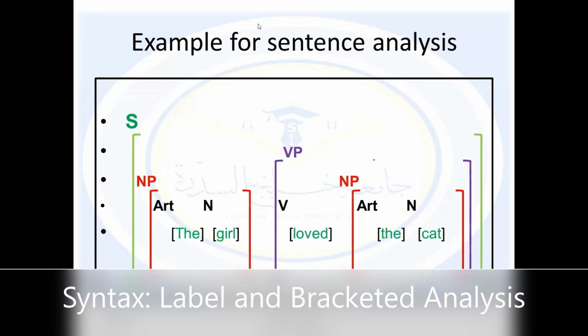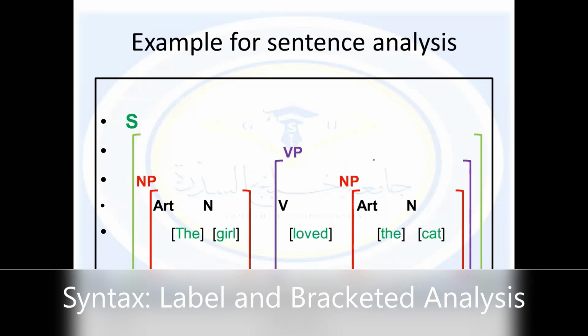And then we'll find noun phrase and verb phrase, and inside the verb phrase we'll find verb plus noun phrase, and inside the noun phrase we'll find article plus noun, and inside the other noun phrase we'll find also article plus noun.